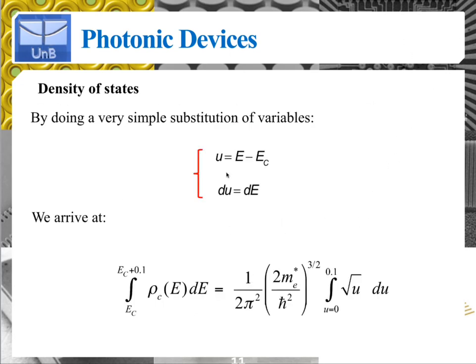We can solve this by doing a substitution of variables. So the original integral was what? It was a constant times the integral over the range from EC to EC plus 0.1 electron volts of the square root of E minus EC.